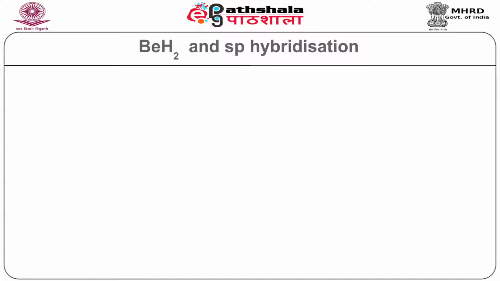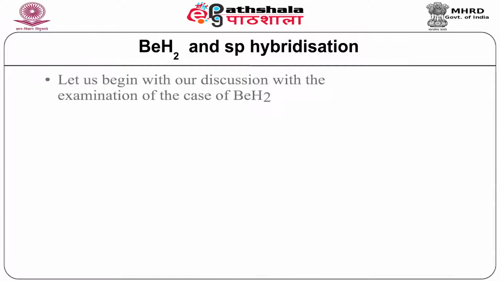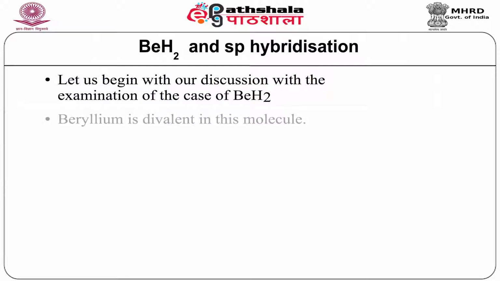We now discuss the case of beryllium hydride and sp hybridization. Let us begin our discussion with the examination of the case of beryllium hydride. Beryllium is divalent in this molecule.